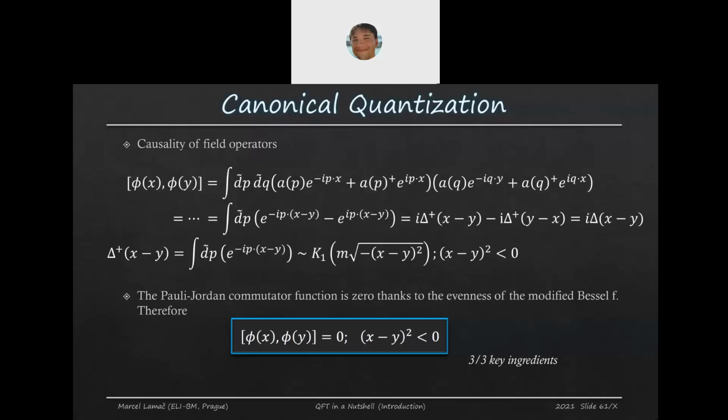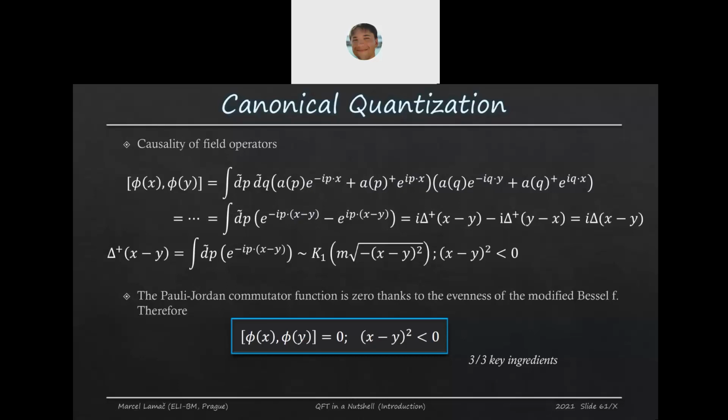We see once again it is non-zero for space-like separated points, but since this modified Bessel function of the first order is even, and we are subtracting these two terms from each other, the Pauli-Jordan commutator function, this gamma, is zero thanks to the evenness of this modified Bessel function. So we see that the operators are causal; they satisfy this causality condition.